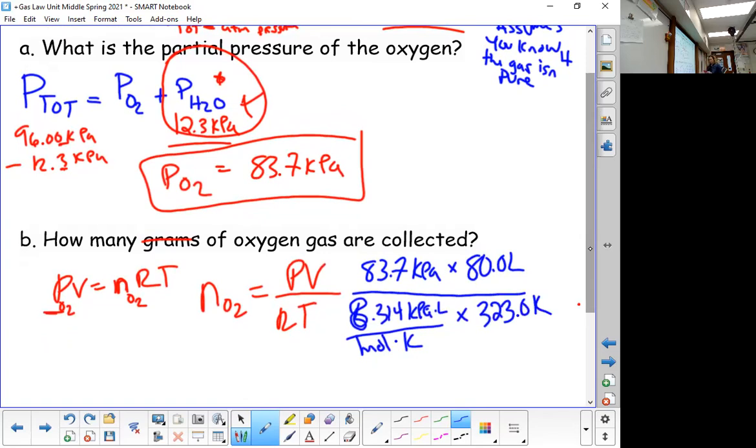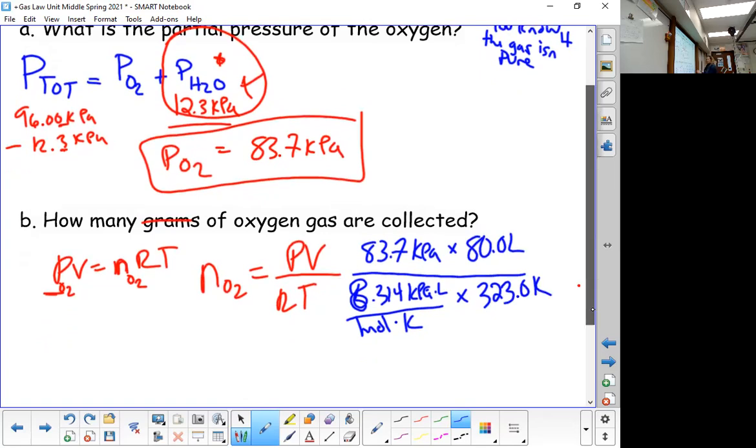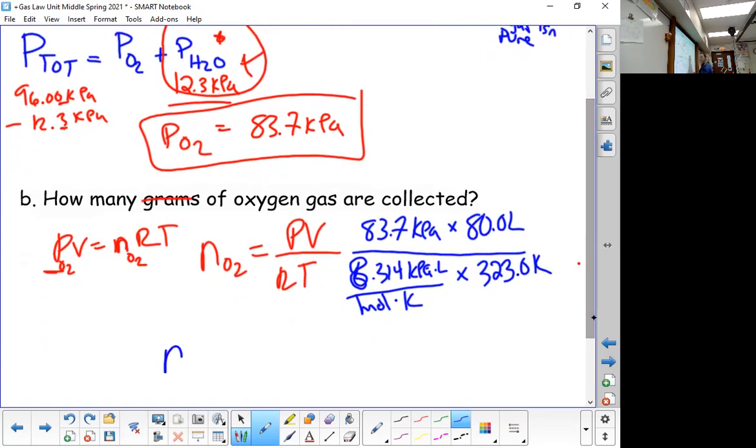And so the moles I get here of oxygen, with sig figs, we're going to get just 3. So moles of oxygen gas in that tank is 2.49 moles of O2.